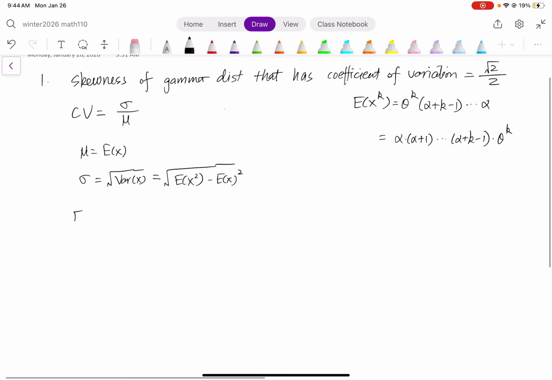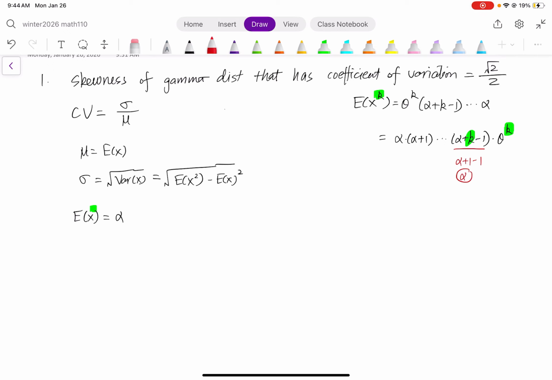So for the expected value of X, because k in this case equals 1, there's an invisible k here, so this is going to be 1, and 1 minus 1 is 0. Therefore this whole term becomes alpha plus 1 minus 1, which is really just alpha.